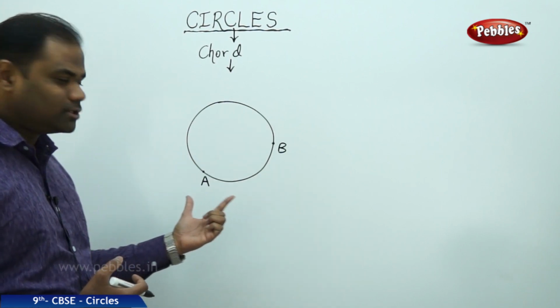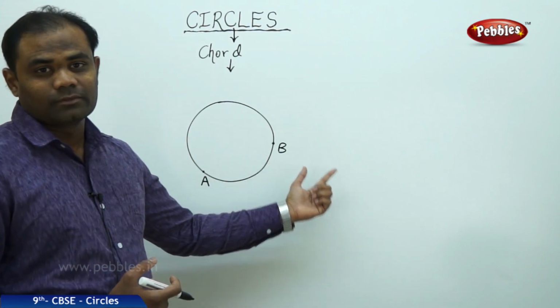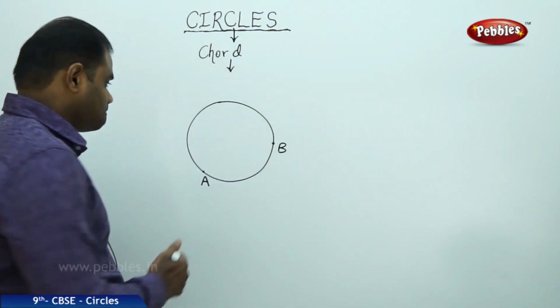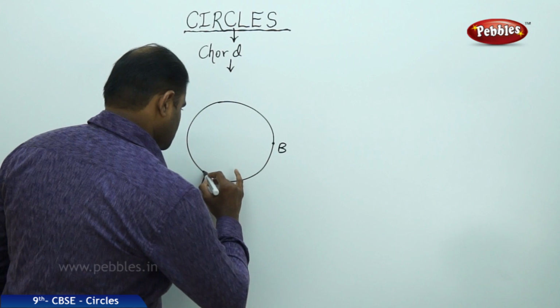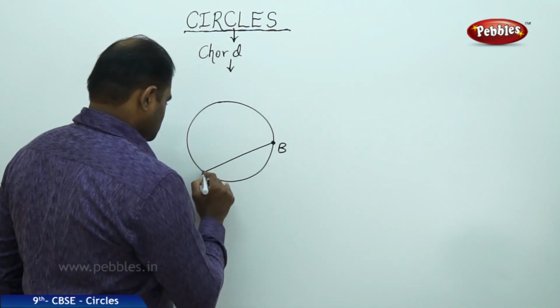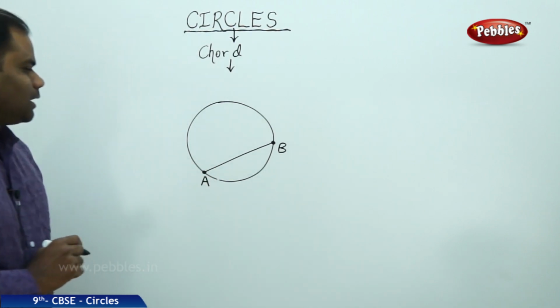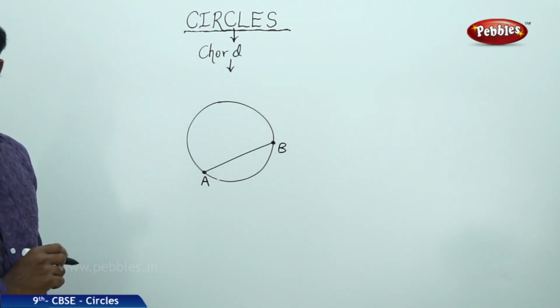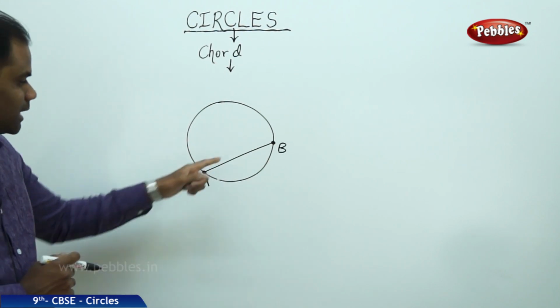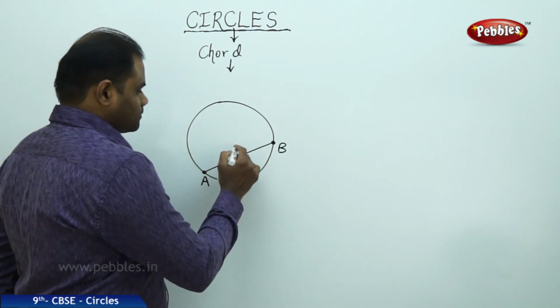In this case, joining the points A and B. So let's join the points A and B for this circle. So here I have a line segment which joins any 2 points on the circle. So this line is called the chord.